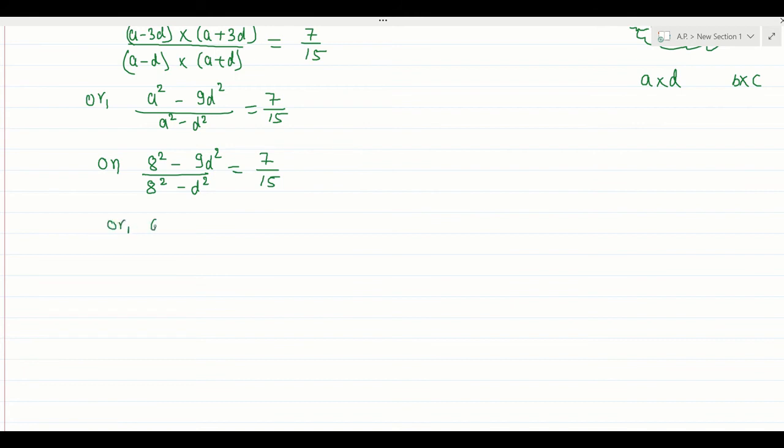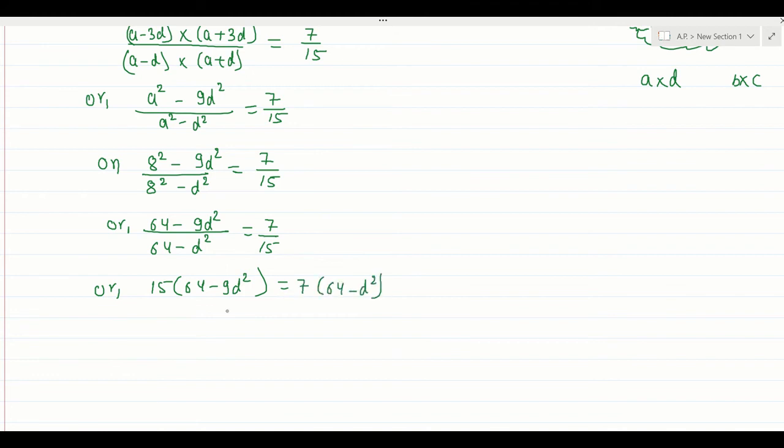Or 64 minus 9d squared over 64 minus d squared is equal to 7 over 15. Or on cross multiplication, it is 15 in bracket 64 minus 9d squared equal to 7 in bracket 64 minus d squared. Is this clear? Now please simplify this one.